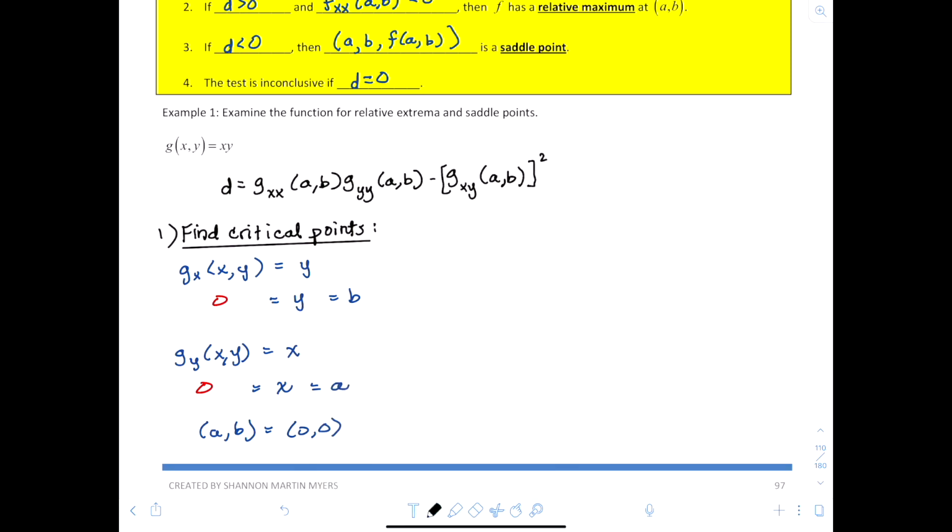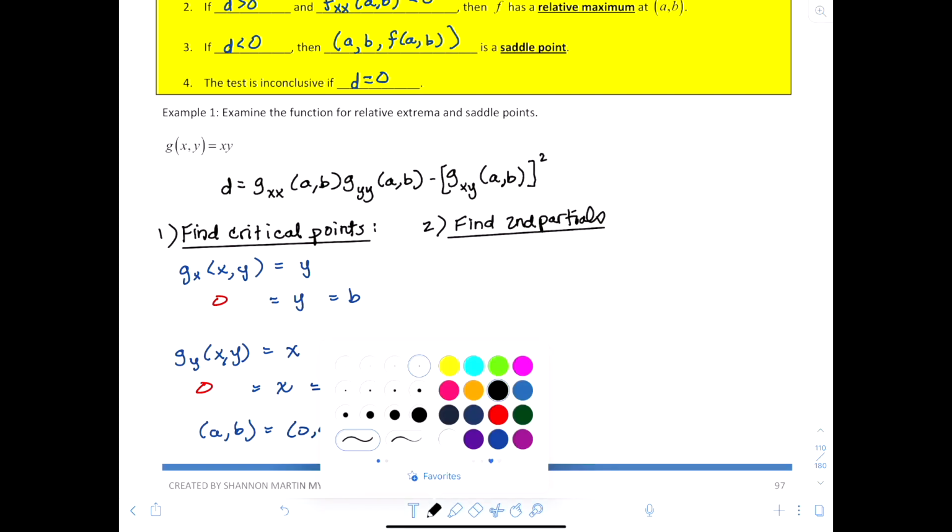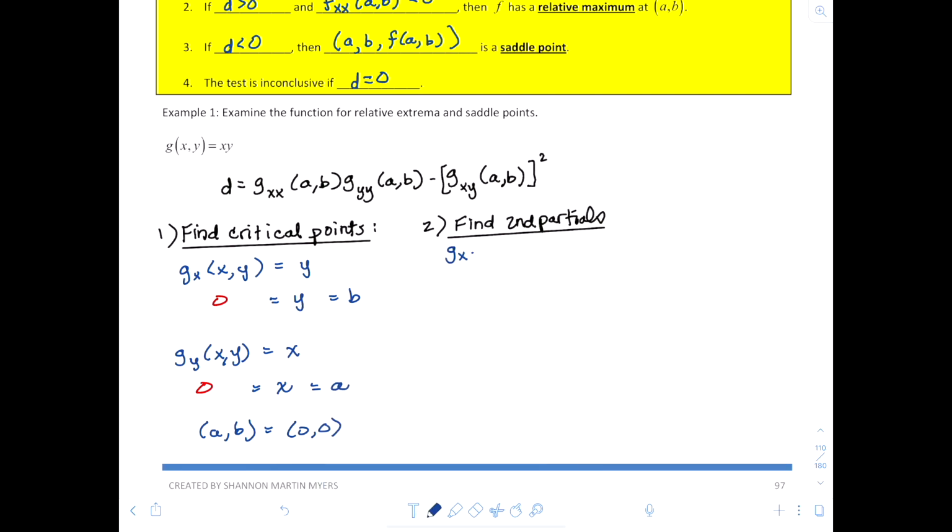Okay. So now we need to find the rest of the stuff, right? So the second partials. gxx is going to be 0, right? Because gxx of x and y is going to be 0 because y is treated as a constant.